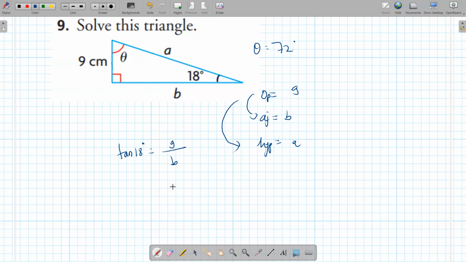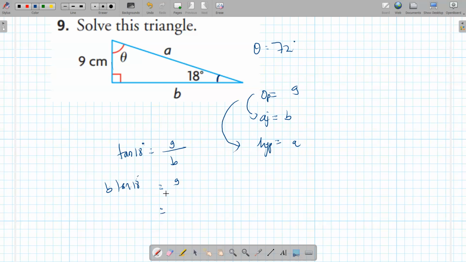How do we solve this equation for B? You multiply by B and then divide by 9. Think about it, that won't work because you'll just get a 1 on this side and something else. Not divide by 9. We'll try to isolate B. Divide by tan 18, right?